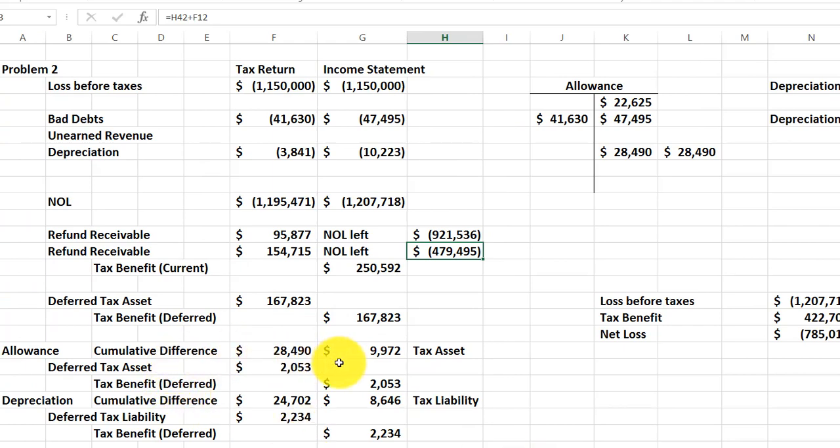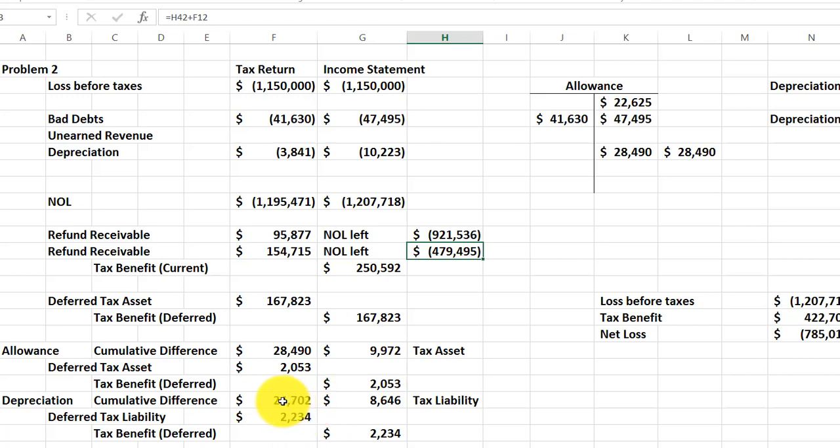We look at the cumulative difference for the allowance, which of course is the ending balance in the allowance account, the deferred tax asset associated with that, and then compare it to the year before. And the difference that we need to record is 2053.